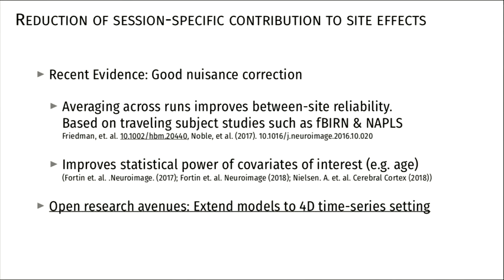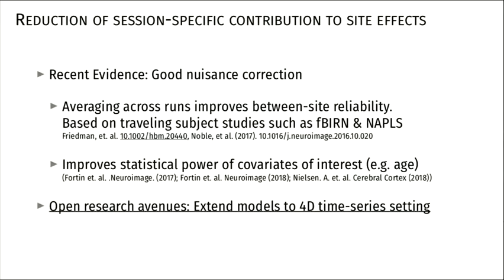So there's a lot of other evidence from the literature that good nuisance correction is important for dealing with site effects. One class of studies has looked at between-site reliability. The same people are scanned at different sites across different scanners, and this is a great way to do methods development for deciding which methods are superior.